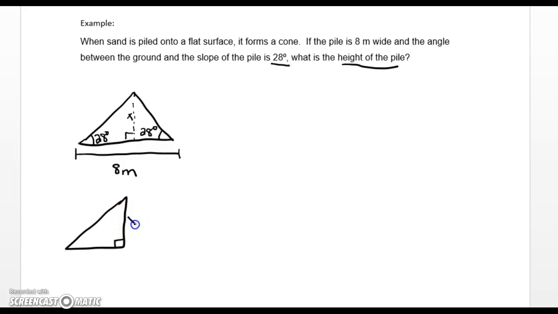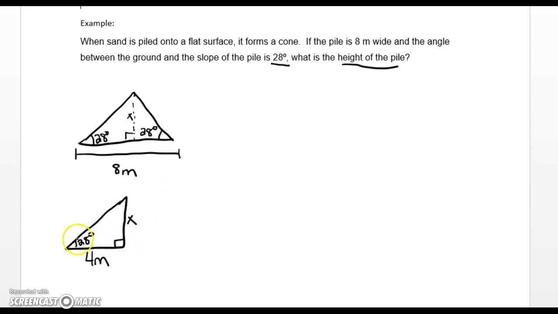I'm still looking for that height, which would be x. That angle is still 28 degrees. But the width is no longer 8 meters. Assuming we have a nice perfect pile, this height should be directly in the middle of either end. So assuming this is a nice perfect cone, this here should be 4 meters, half of the distance of 8.